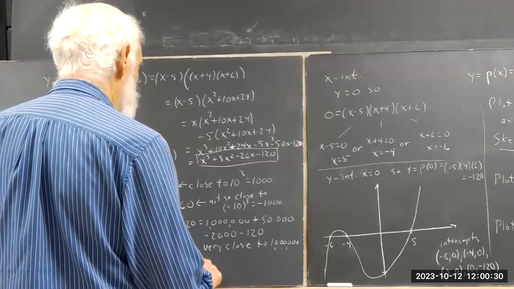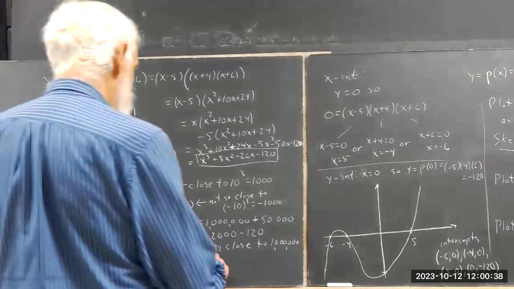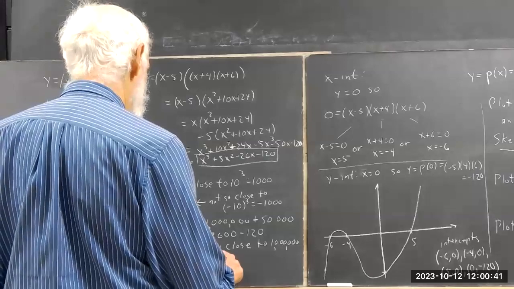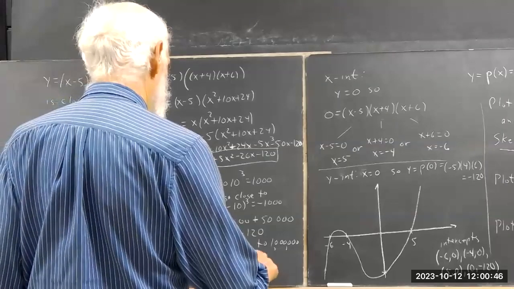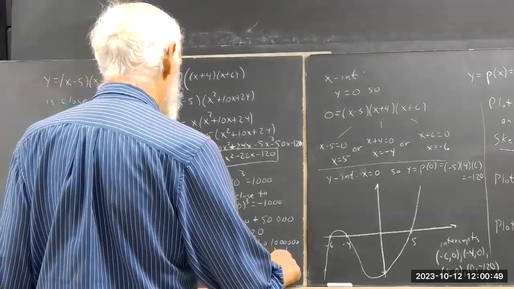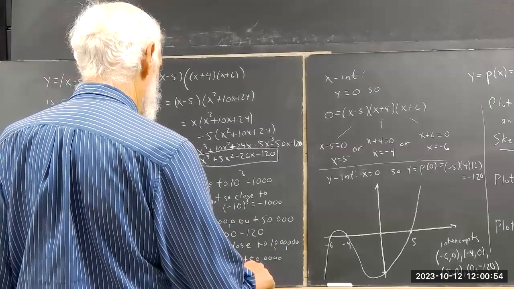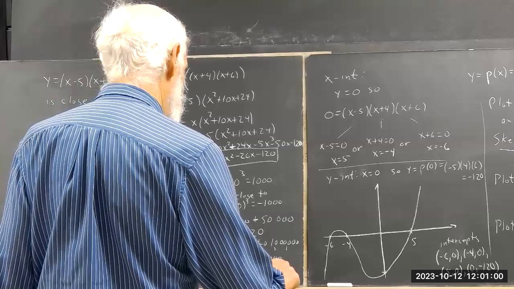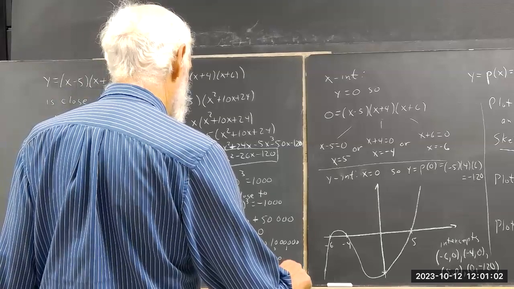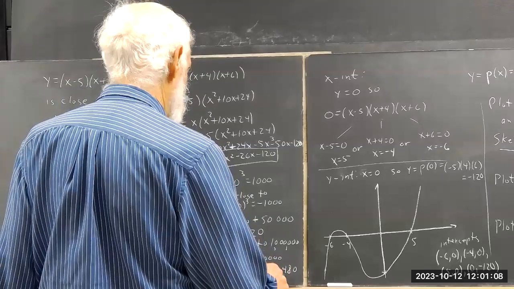What's P of negative 100? Well, if we do the arithmetic, we get negative $1 million plus 50,000 plus 2,600 minus 120. And that equals $952,480. No, there's a zero in there.